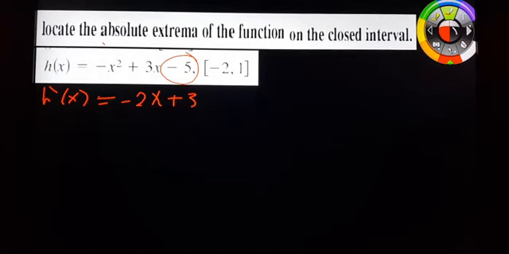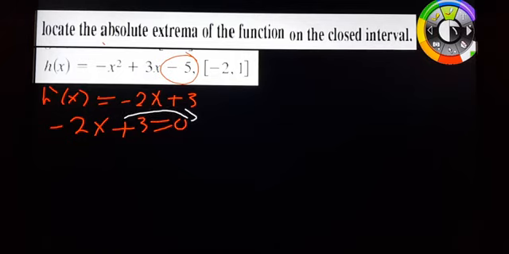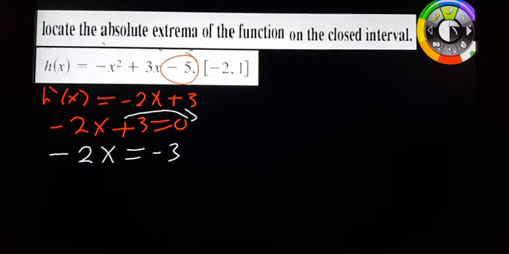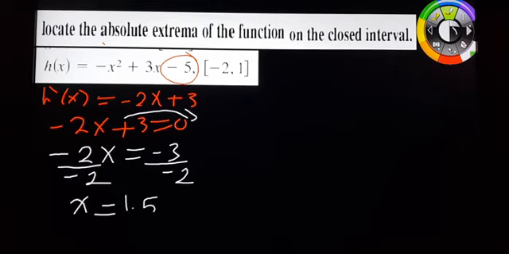Then equate this one by 0: negative 2x plus 3 equals 0. Solve for x, so move 3 to the other side, negative 2x equals negative 3. Divide both sides by negative 2, so x equals 1.5.